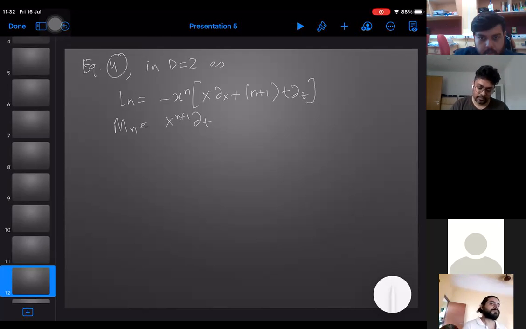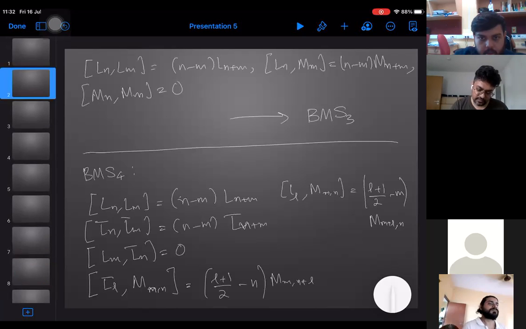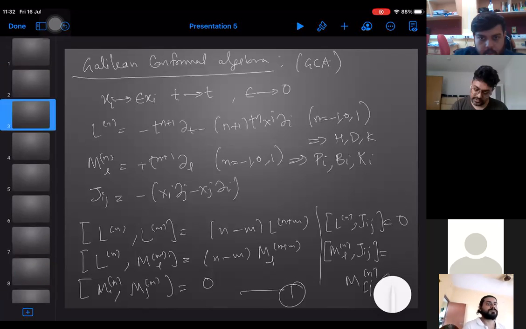So the expression is totally different from the one which we have already discussed for the Galilean case.